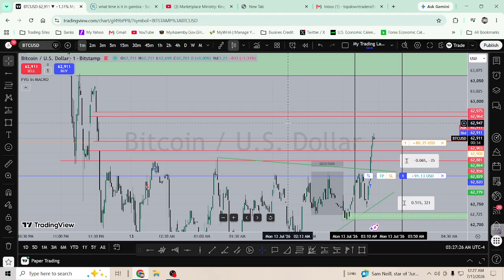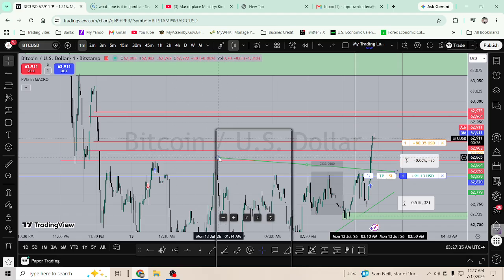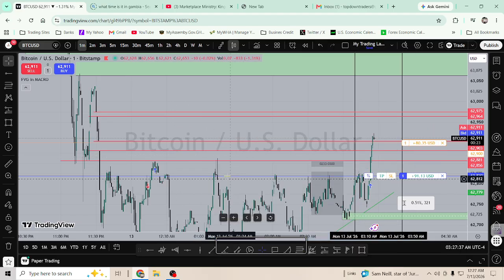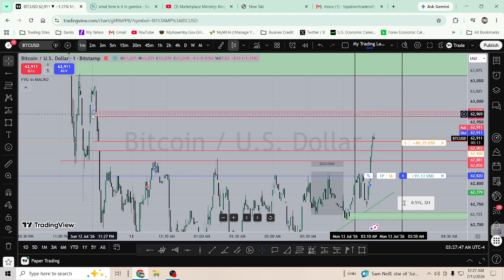We'll talk more about the fair value gap, and then I'll tell you more about the failure swing. Now we just broke that failure swing on this chart, so it's no longer a failure swing. We did get that swing higher. It broke out. We came into the liquidity void here. We're above that right now. The next target is this little liquidity void area right here.